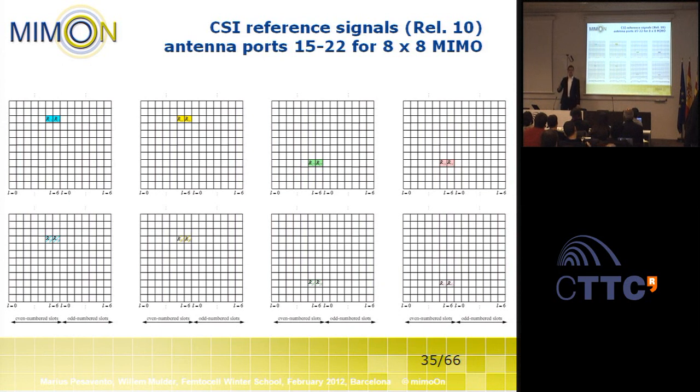The feedback to the transmitter is also facilitated in LTE-Advanced, and this feedback is also based on a codebook scheme. Similar to the pre-coding matrix, now the user equipment is selecting a set of matrices from a codebook, and these matrices are fed back to the base station. Basically these matrices indicate the channel that is measured, this 8x8 MIMO channel.